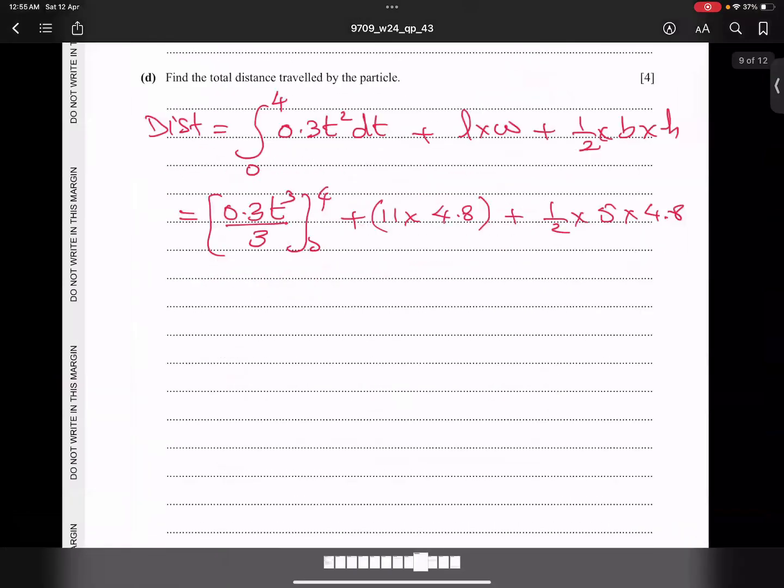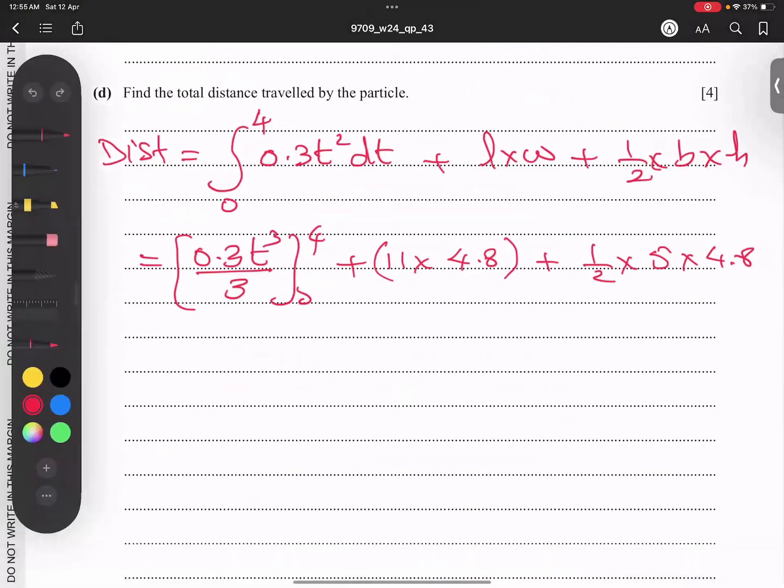Okay, students, have a look here now. This becomes 0.1 t to the power 3 with limits 0 to 4. And here I just have 11 times 4.8, I'm getting 52.8. And half times 4.8 times 5, I'm getting 12.